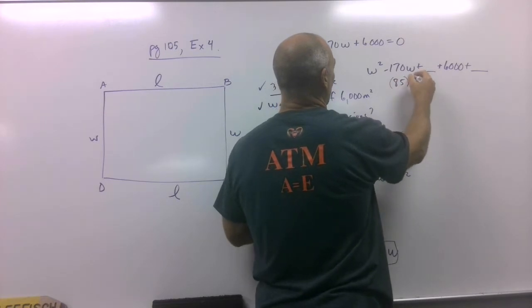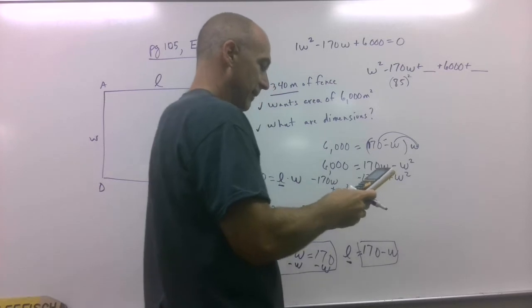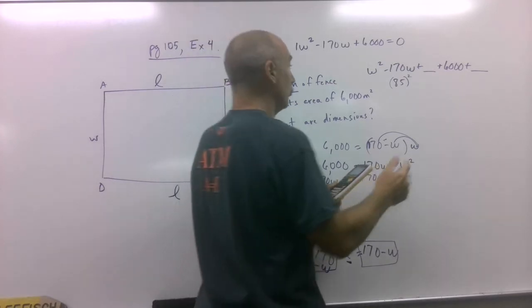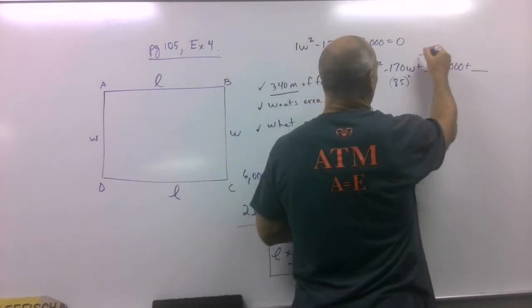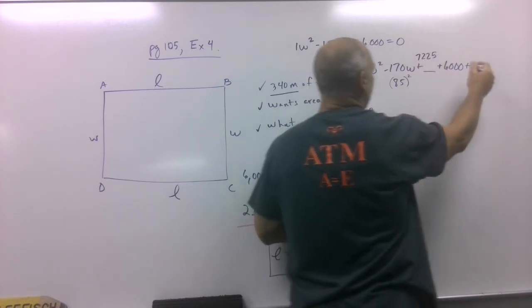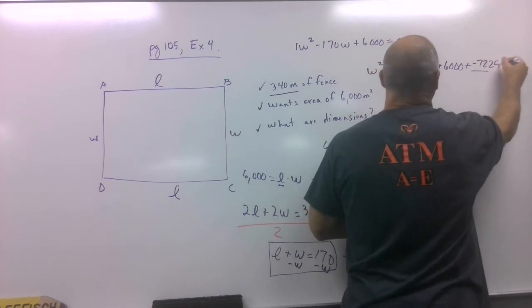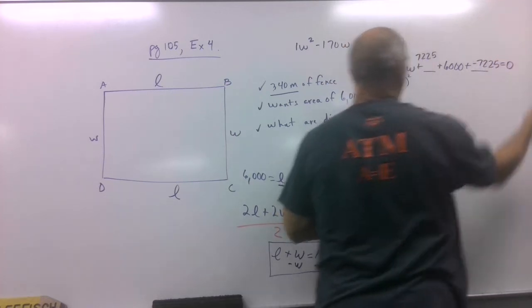So now I have to square that monster. 85 times 85, 7225. I should have had more space there, but that's 7225. And this has got to be minus 7225 equals 0.